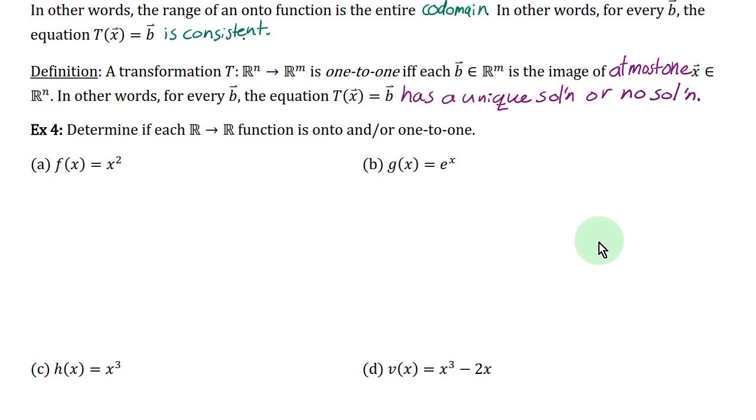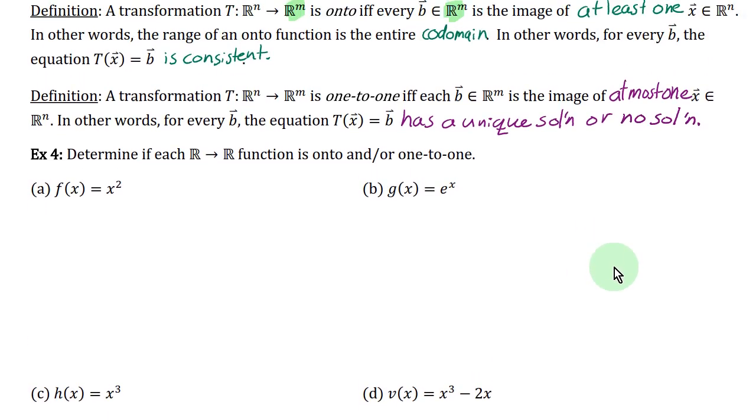Now, you've already talked about one-to-one functions in calculus, so let's look at some of those basic kinds of calculus functions. You probably haven't done onto before, but that's okay. So if we have f of x equals x squared, the graph of it looks kind of like this.